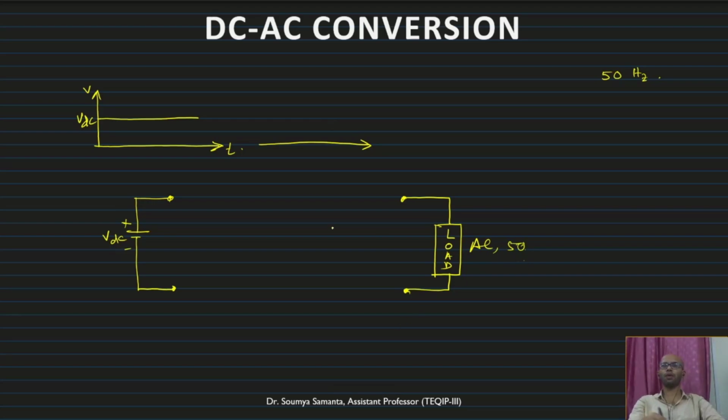Now how can we generate AC from this DC? So what can we do? Whenever we talk about 50 Hz, what is the time period? Time period is 1 by 50, that is 20 milliseconds.